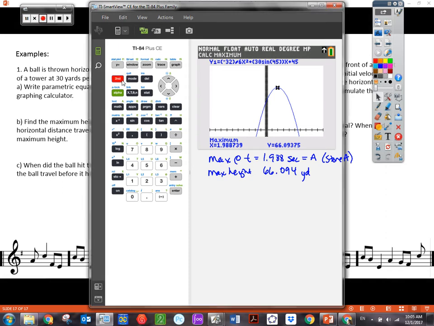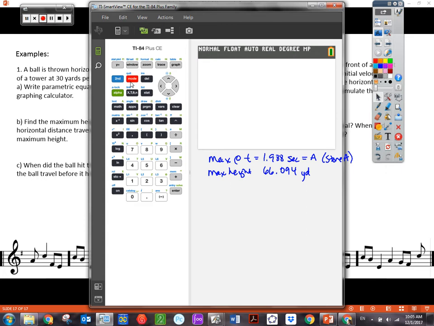I'll show you why I'm going to need it in just a moment. So let's go to a clear screen, and I'm going to type in X and then enter. And you can see that my calculator believes that that's what X is. It's 1.988. So I'm going to store it, hit the store button, in alpha A. I've equated this to A, so now every time I write the letter A, it's going to mean this number.